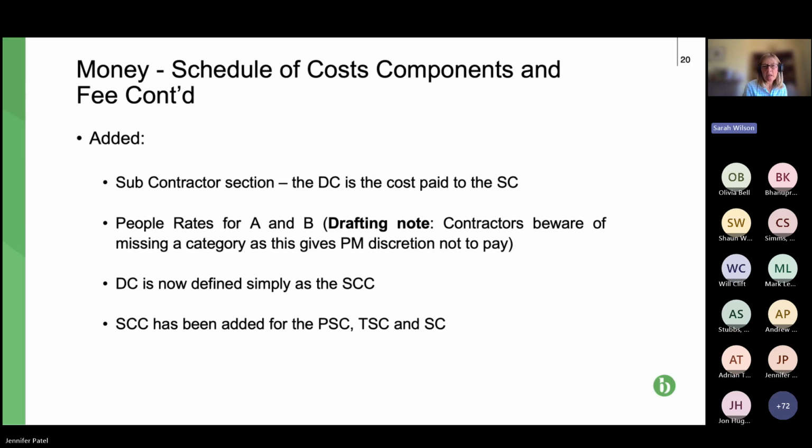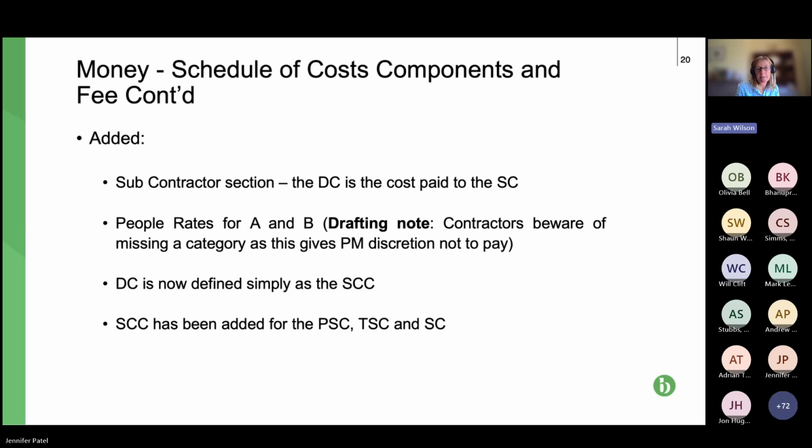So the defined cost, so DC, which is a defined term in the contract, now just says the costs paid under the schedule of cost components, rather than under NEC 3, where it said that, but then included subcontractor costs as well.